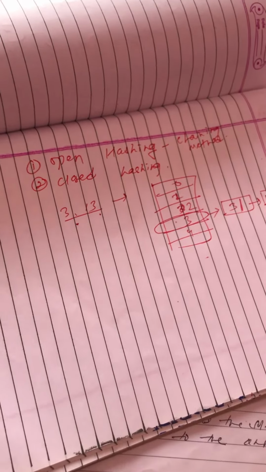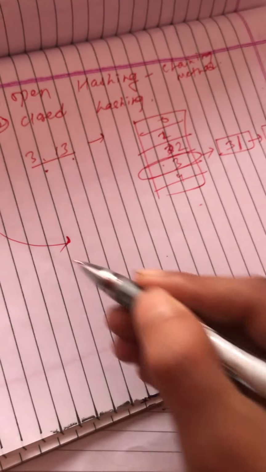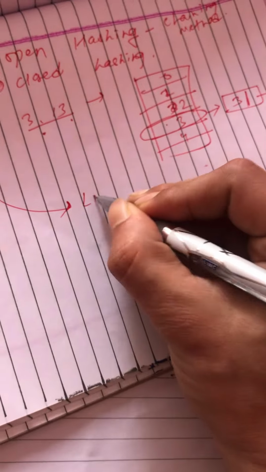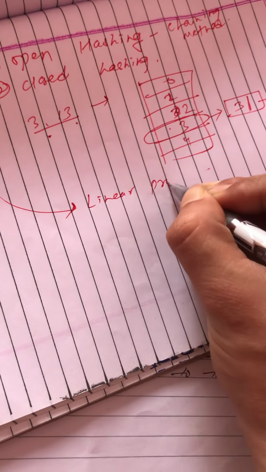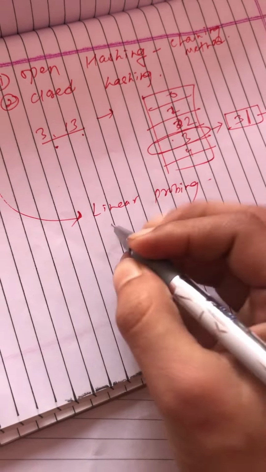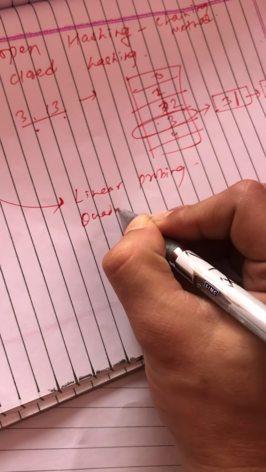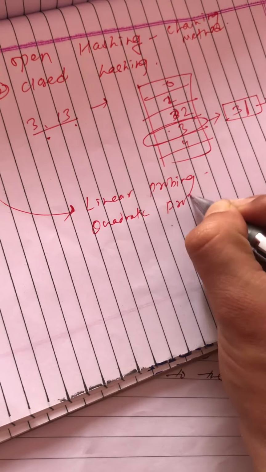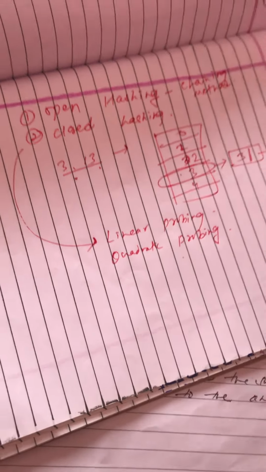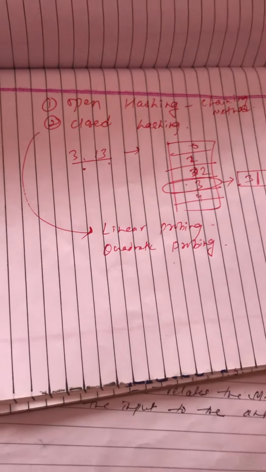Now we can use closed hashing. There are two types of closed hashing: one is linear probing and another is quadratic probing. Let us see linear probing.